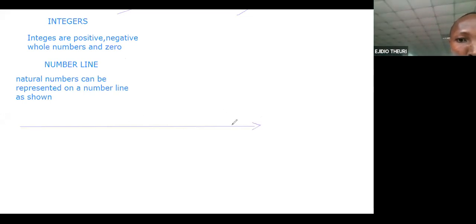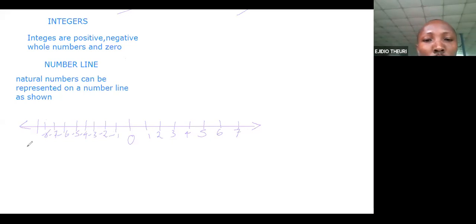We should have an arrow there, another arrow there. 0, 1, 2, 3, 4, and -1, -2, -3, -4, like that. So towards the left, we go to the negative side. And towards the right, we have the positives. So we can have positives here. You can write positive, positive, positive, like that. So that's what we call a number line.